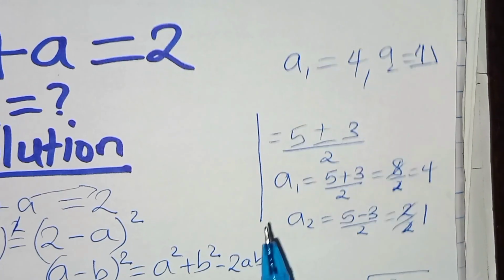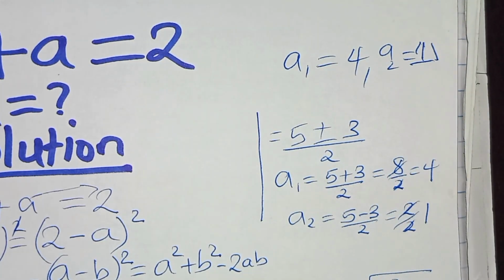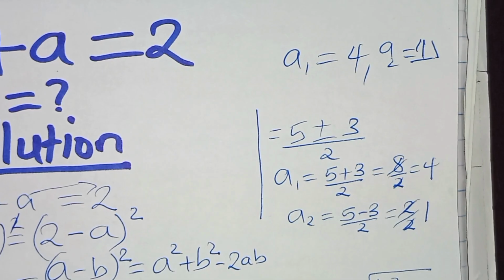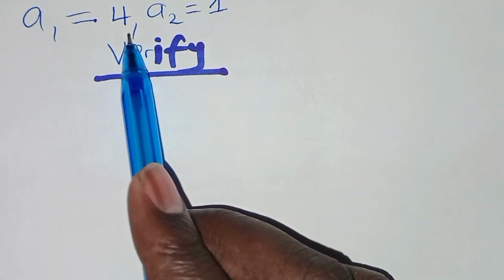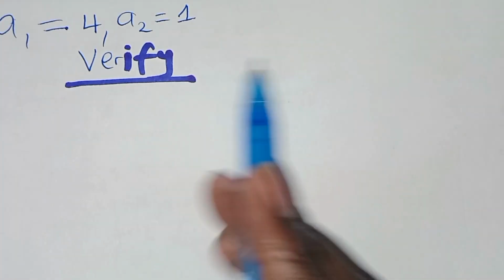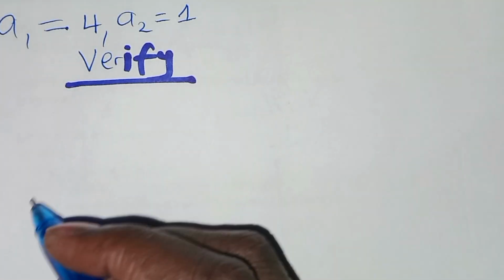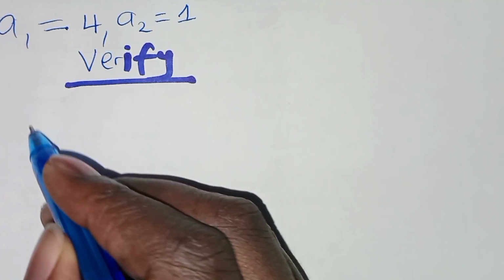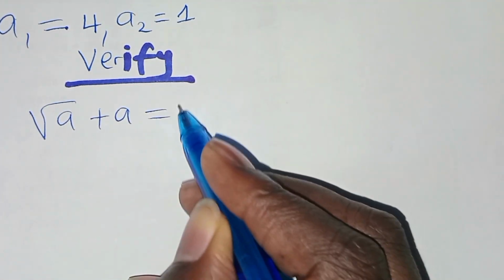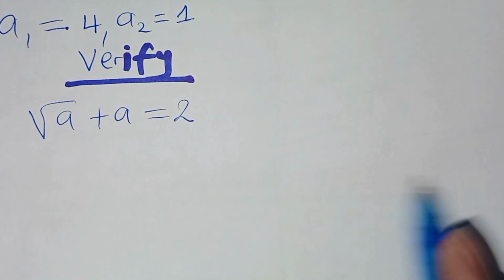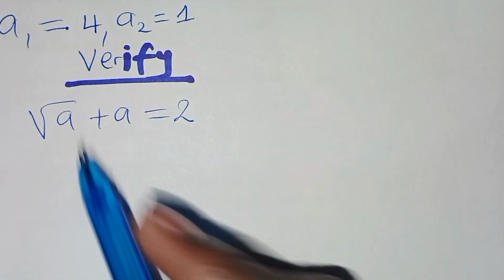So let's verify that A1, which is equal to 4, and A2, which is equal to 1, actually satisfy the equation. If you recall, we had the square root of a plus a, which should give us a value of 2. Now let's plug in A1, which is equal to 4.